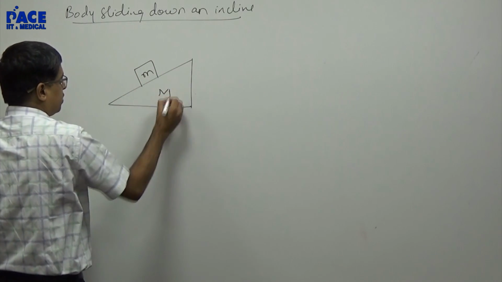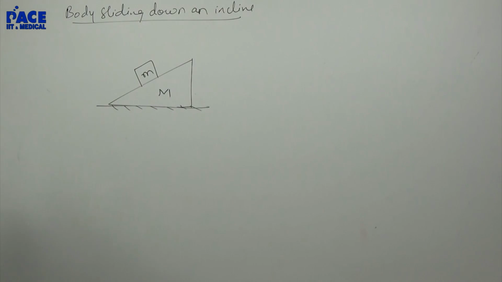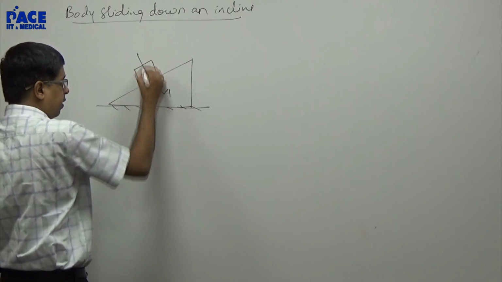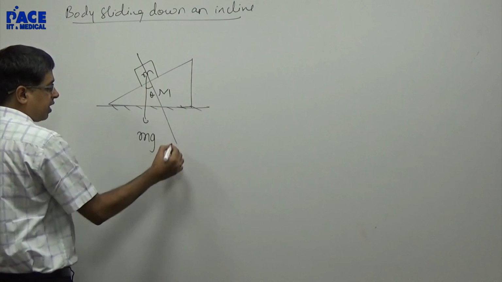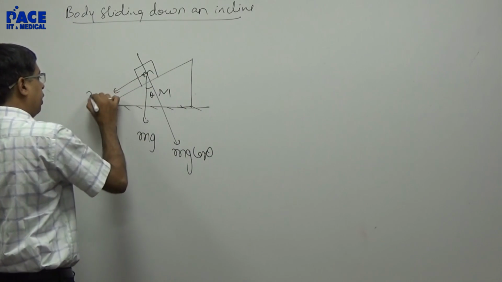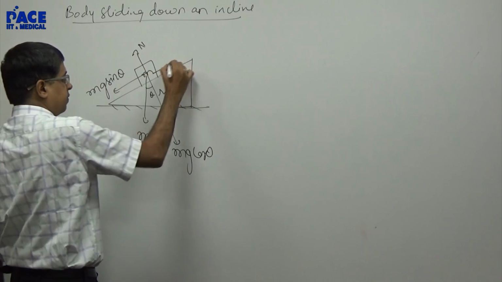This is small m, this is capital M, and this is fixed. See the way you resolve the forces. This will be mg. Whenever I resolve a vector adjacent to the angle, it is vector into cos theta. Not adjacent to the angle will be vector into sin theta.